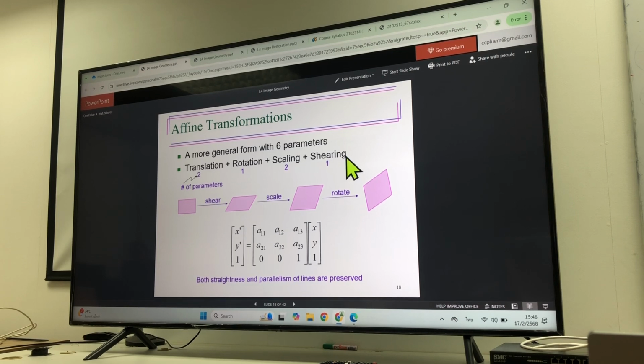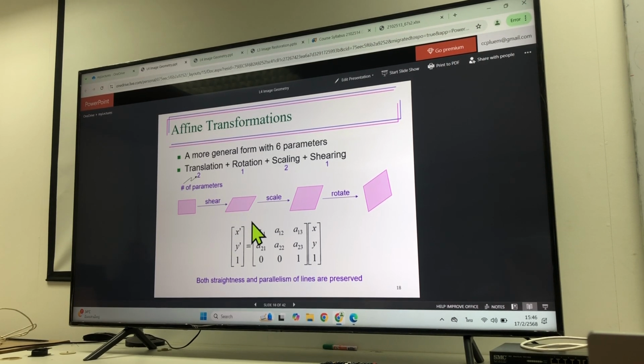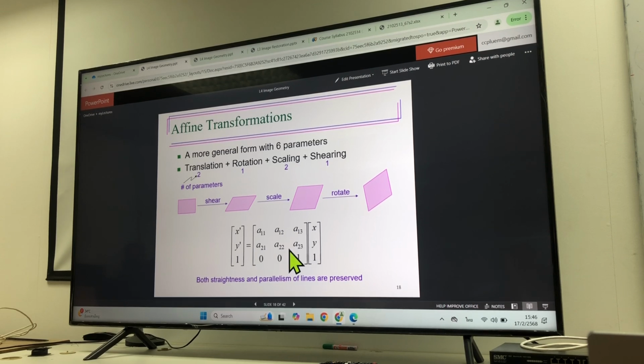But with shearing, you change a rectangle into a parallelogram. You get a total of 6 parameters: A11, A12, A13, A21, A22, A23. We call this affine transformation.